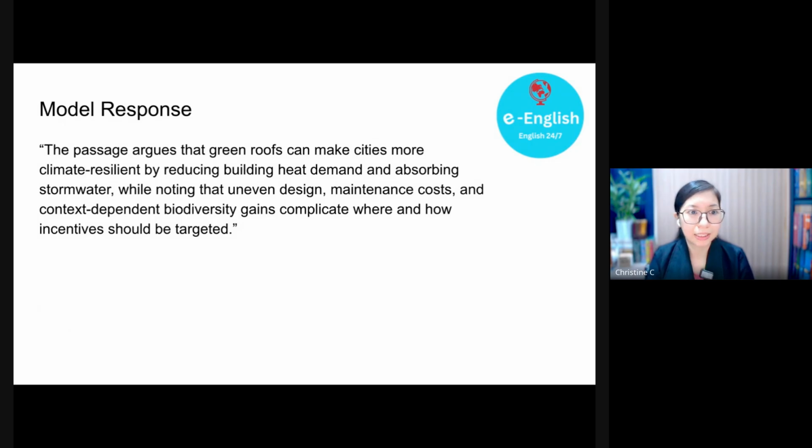So in essence, you can summarize the whole passage into this one sentence. We're using our reporting verbs here. We're using our connectors as well.